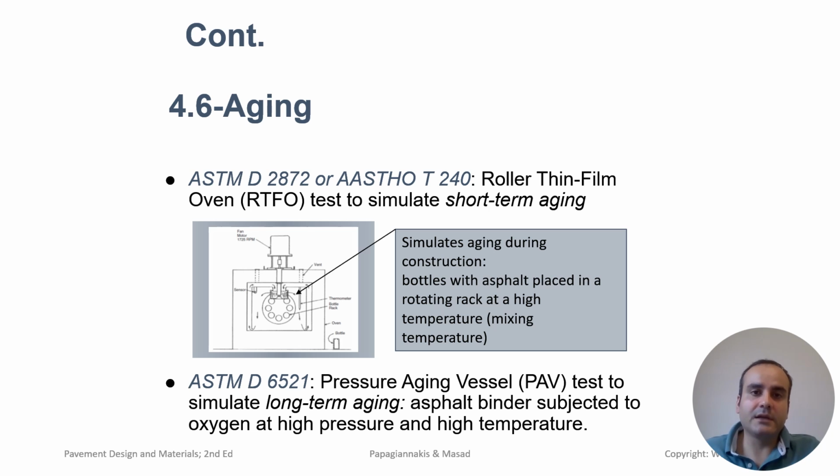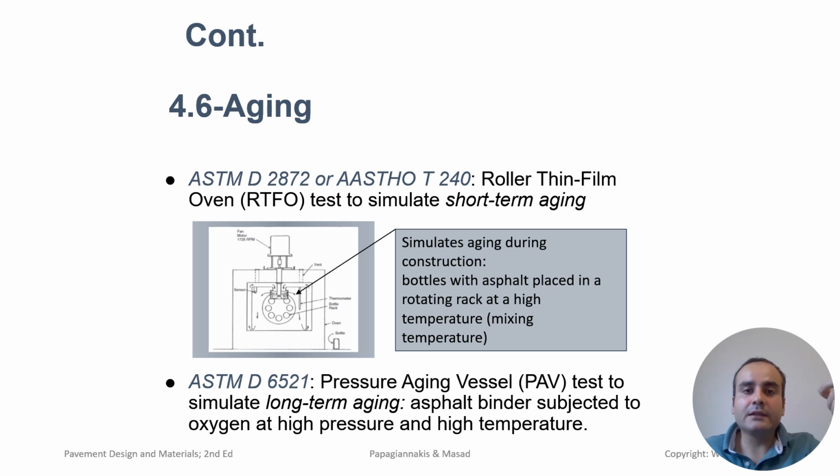Asphalt binders undergo significant change in their physical properties as they age. Some of these changes include increased stiffness. Aging causes the binder to harden, which increases its stiffness and reduces its ability to accommodate movements due to temperature change or traffic loads.